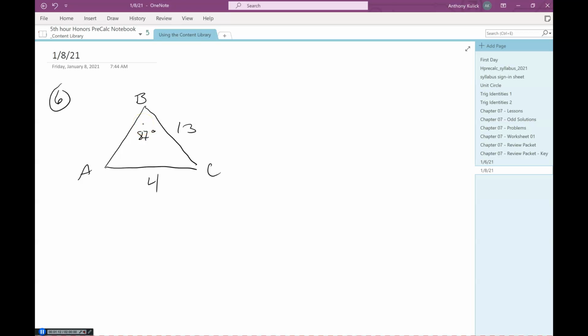Because I have 2 consecutive sides and the angle's not in between the 2 sides. And the angle is acute. And that side B is less than side A, so this is the ambiguous case.